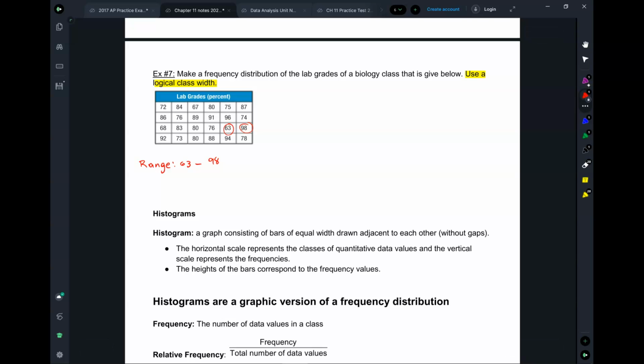So if I go from 63 to 98, how do you want to divide up the classes? We could do it by tens, right? Okay, so let's do that. So here you will have grades.